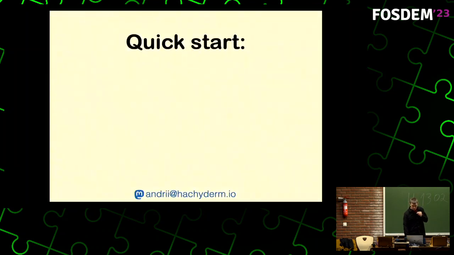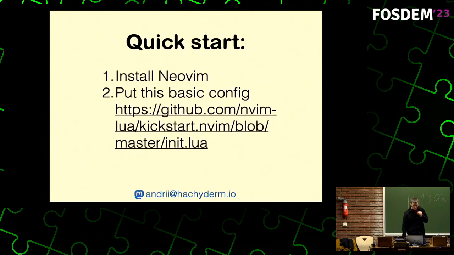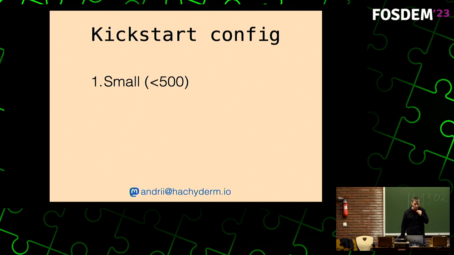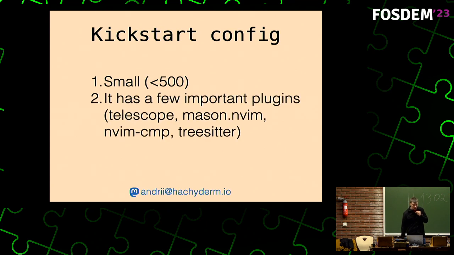So, quick start. I assume you know how to install Neovim. If you never did it before, I highly recommend starting with this one-file config, which is here, and putting it in your config location. It's very small, and it has a few important plugins which help you try it out.